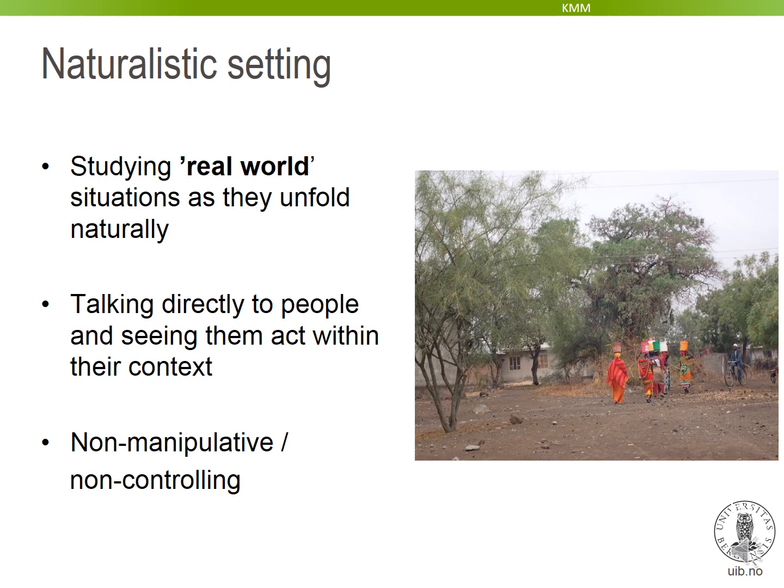We talk directly to people and we see them act within their own context. This is a non-manipulative and non-controlling strategy of research, which is very different from what is going on, for instance, in a randomized controlled trial where you have to randomize your study participants into different arms in order to make comparisons.